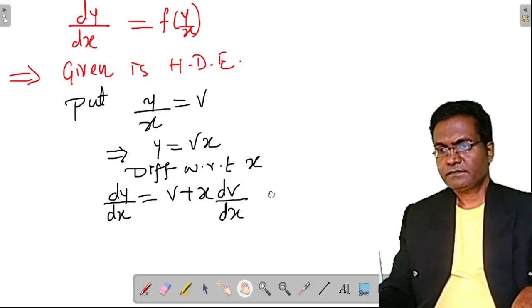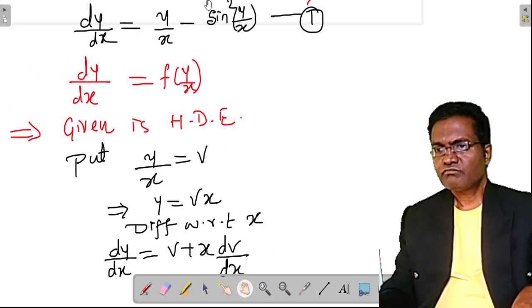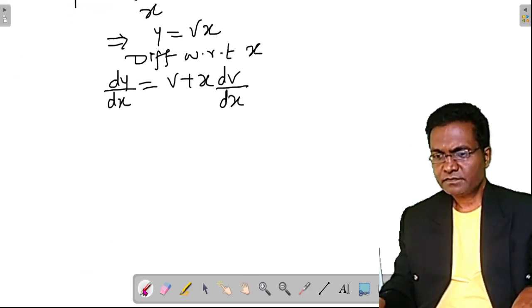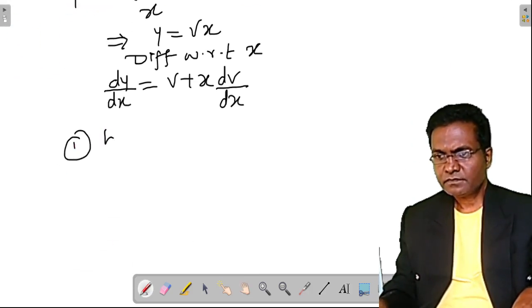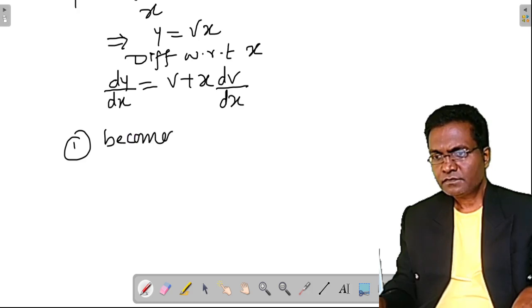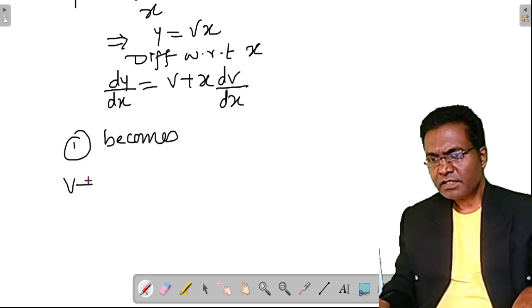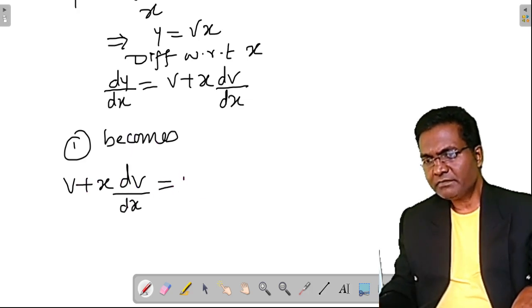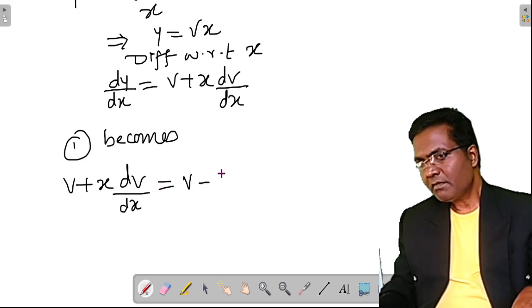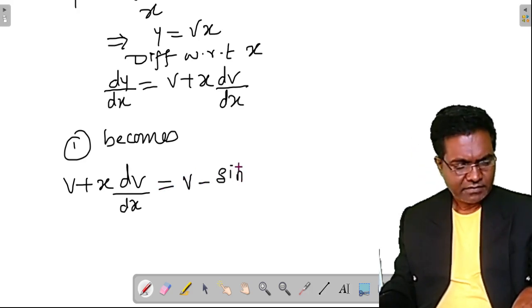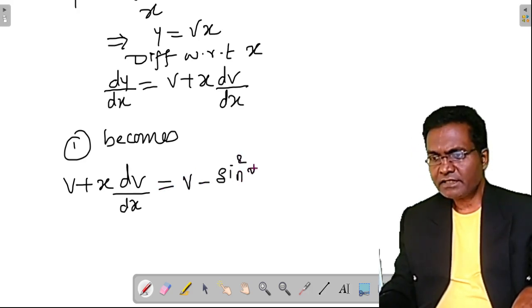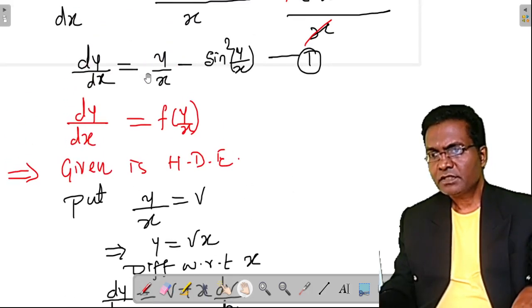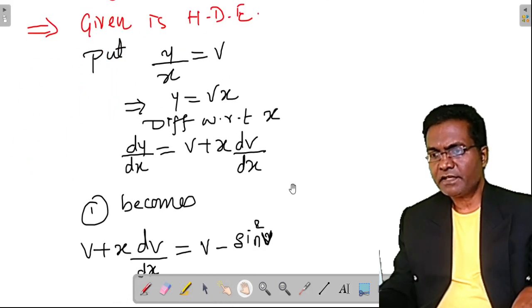So 1 becomes left hand side v plus x dv by dx. Right hand side y by x means v minus you have sine square y by x, that is sine square v. Look here, this is your v and sine square v.